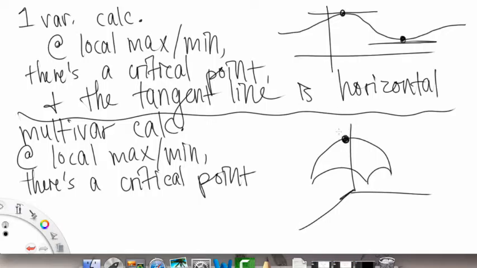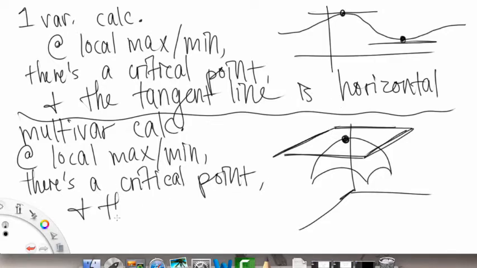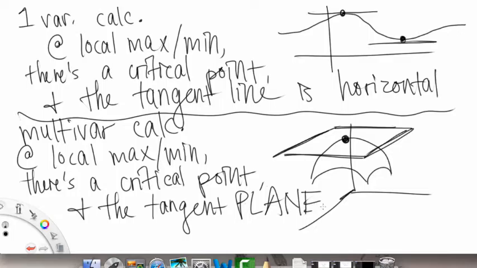At that point we don't just have one line, but what's called a tangent plane. This tangent plane must be horizontal. Slowly but surely we're getting there.